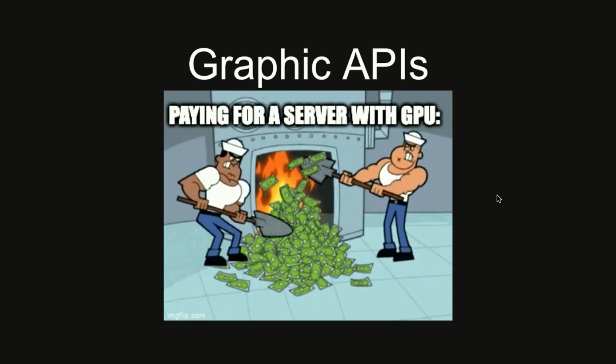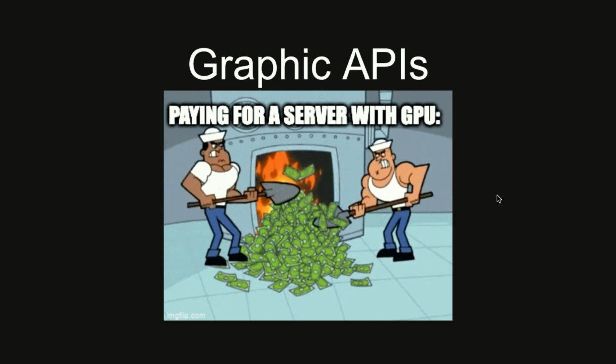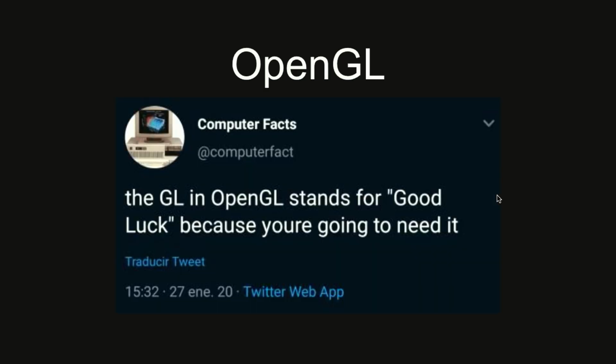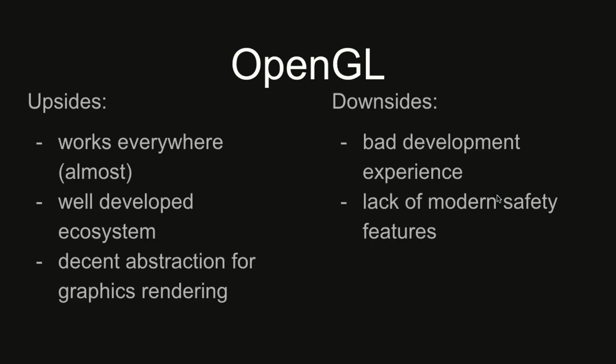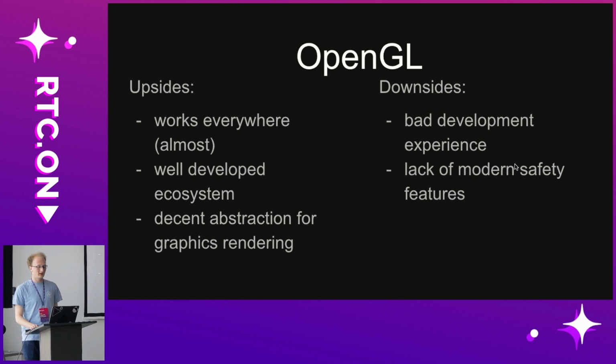So we started researching graphics APIs. First one was OpenGL, and GL stands for good luck. It's been with us for quite long, but it has really bad developer experience. It lacks many safety features, but it works almost everywhere. It's a well-developed ecosystem.